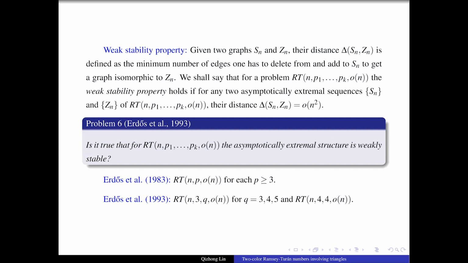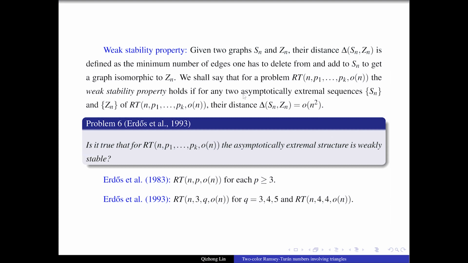The weakly stable property holds means that any of the corresponding extremal graph can be obtained from the other extremal graph by deleting or adding a little o(n²) edges.